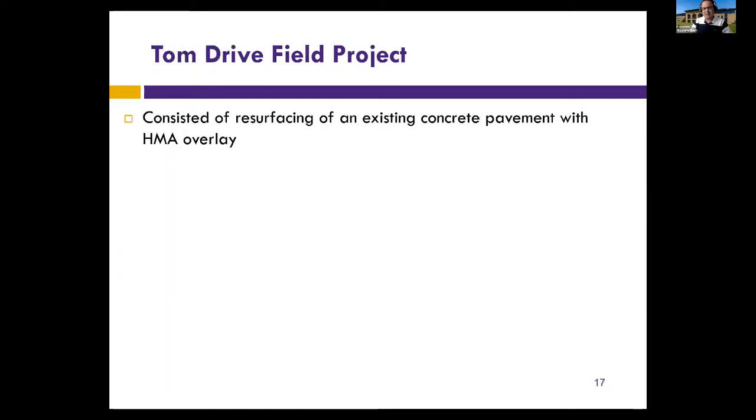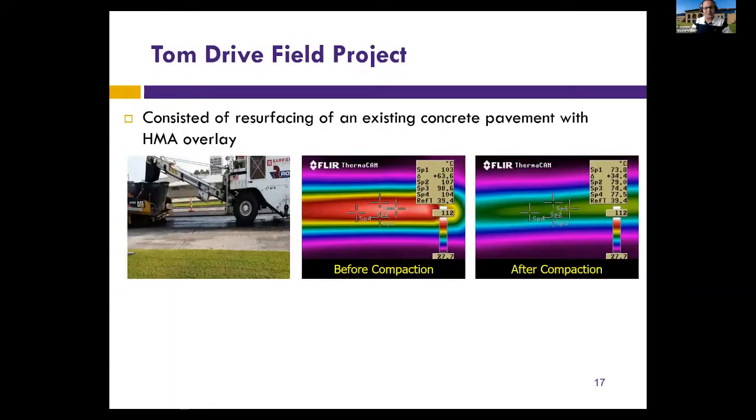The second project was on top of the concrete pavement, so we focused on the joint. And you can see that there was an MTV used in this particular project.